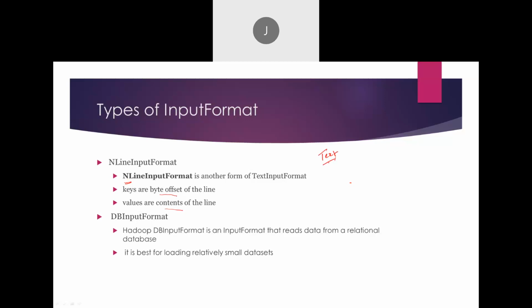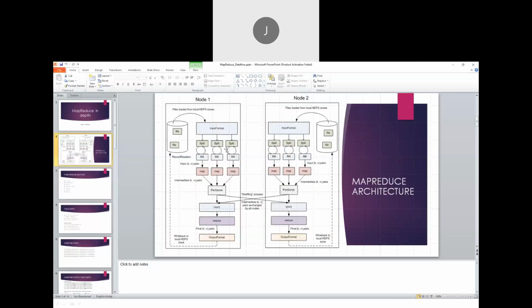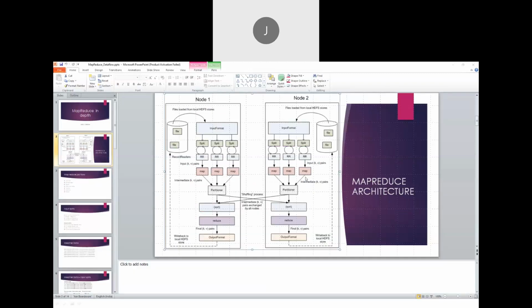If you don't give it also, the framework itself will understand how to split the data. I told you in that other diagram, these things are taken care of by the framework itself, this whole part. Only when it comes to our function, we will specify how you have to do the processing. Otherwise it is taken care of by the framework.